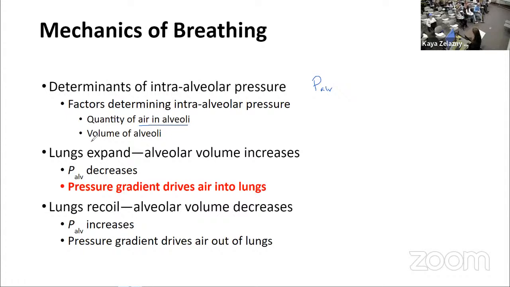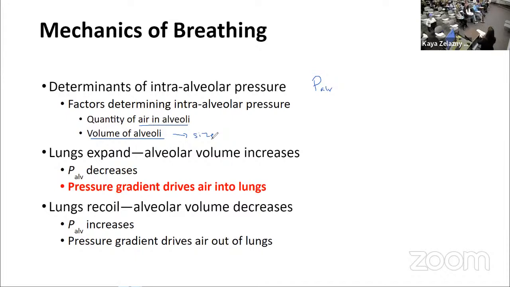And the volume of the alveolus, by which we really mean its size, essentially. So how big, how small it is. That's our measure of the size of the alveolus, which is our container for the air, okay? So as our lungs expand, as our lungs get bigger, they contain the alveoli within them, right?